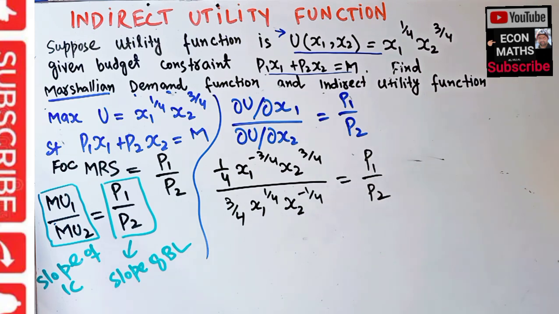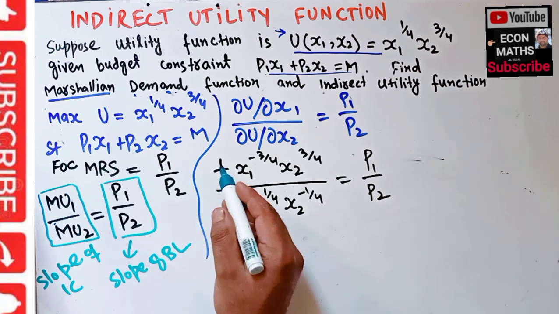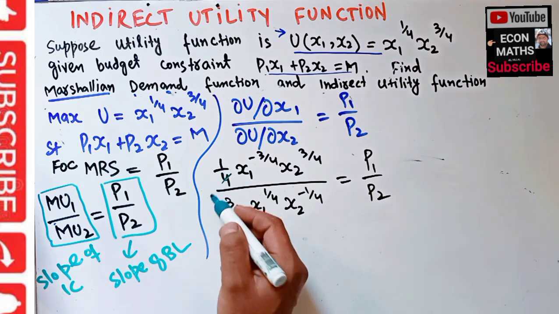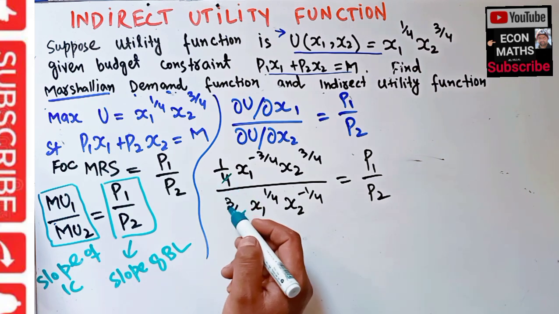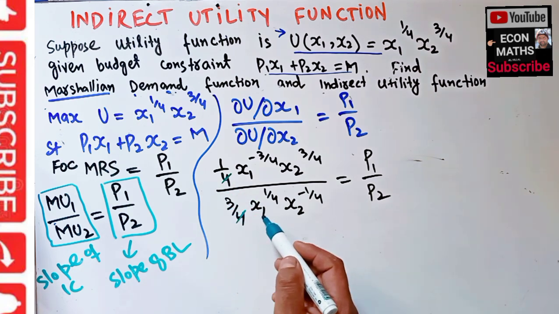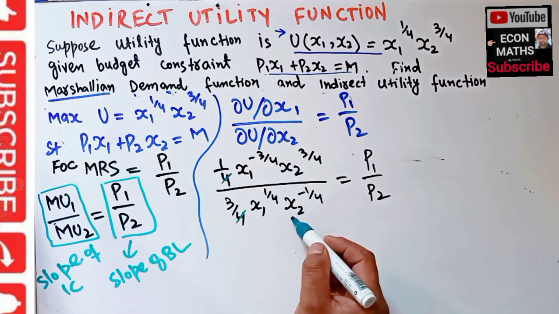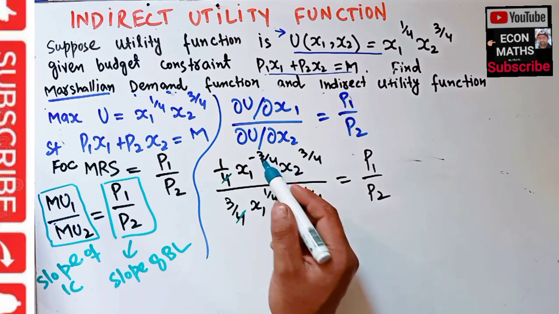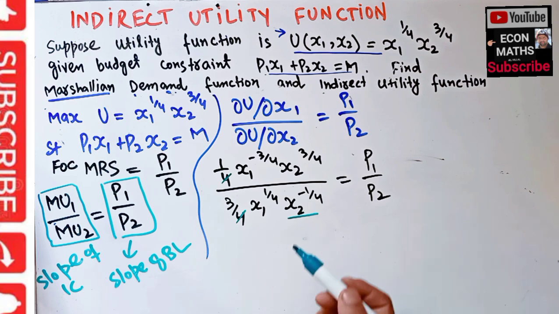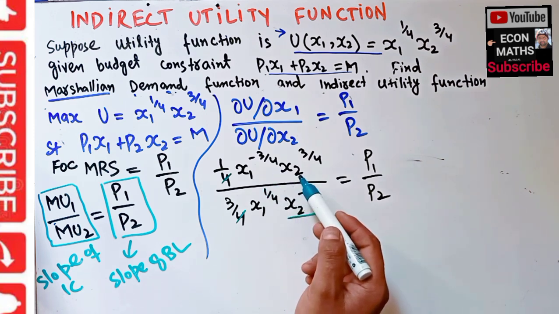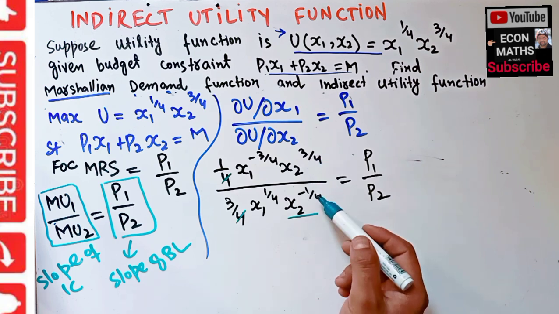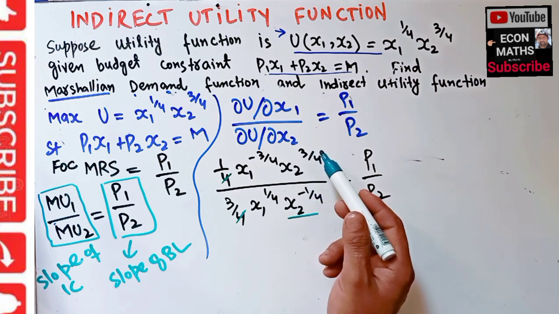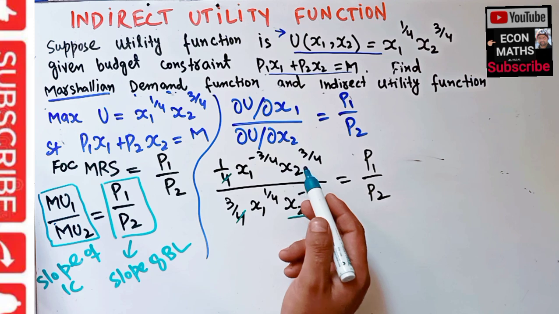When you solve this, the 4 and 4 will get cancelled and we will be left with 1 upon 3. If I transpose x2 raised to the power 1 upon 4 to the numerator, it will get multiplied with x2 raised to the power 3 upon 4. So 1 upon 4 plus 3 upon 4 will become 1, and we will get x2 in the numerator.